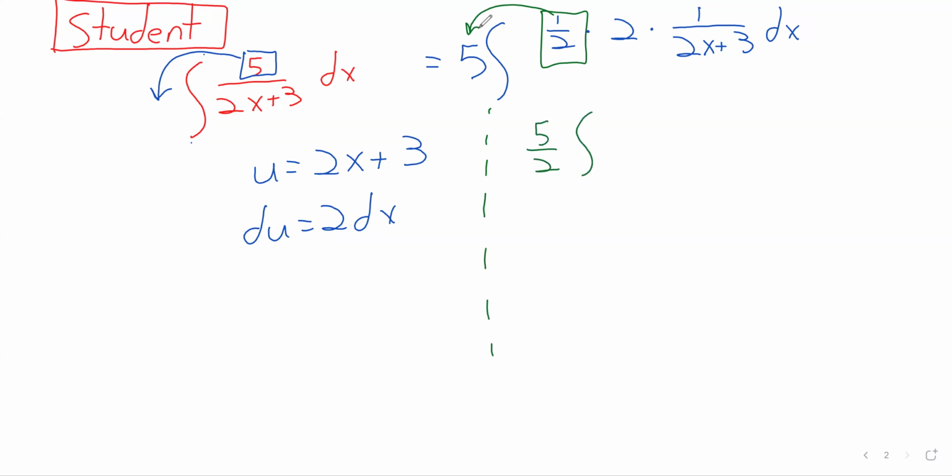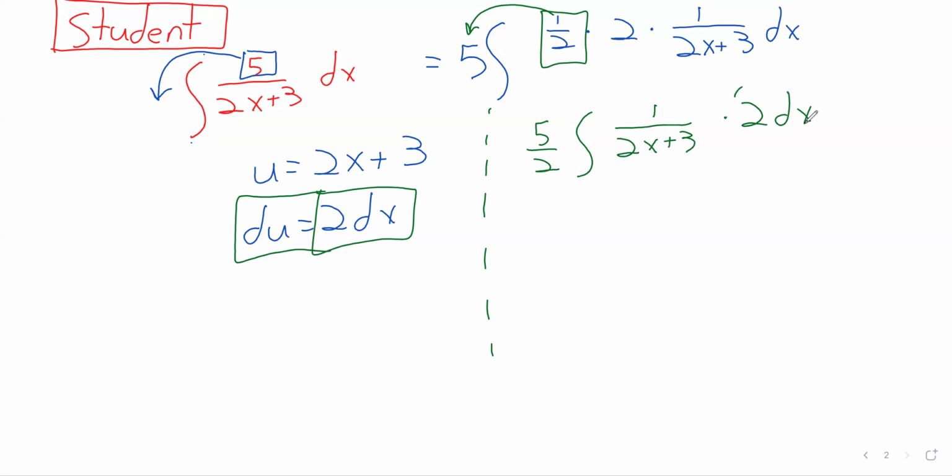5/2, the integral of 1 over 2x plus 3. And just for emphasis, let me move that 2 over here. And now 2dx is a du. So that's going to turn into du. 2x plus 3 is u. So that's going to turn into 1 over u.